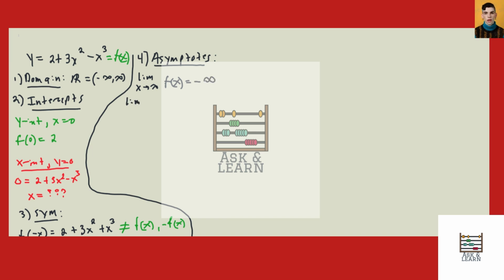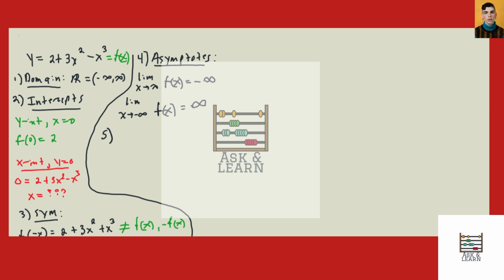And likewise, as x goes to negative infinity, since it's a cubic function, if positive infinity goes to infinity, then this one should go to the opposite. So as x goes to infinity, our end behavior goes to negative infinity, and as x goes to negative infinity, our end behavior goes to positive infinity. All right, so we got the asymptotes, or at least our end behavior, not really asymptotes.